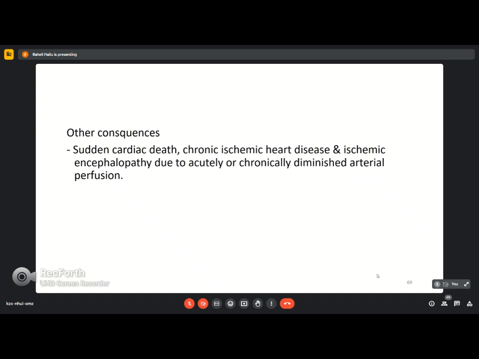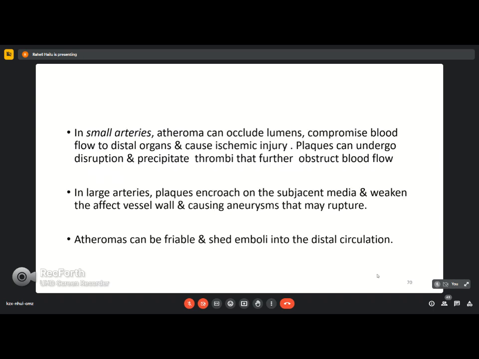And also ischemic encephalopathy, which is a clinical syndrome characterized by confusion, transient ischemic attacks and all that, as a result of these small ischemias, particularly if you have microemboli from vulnerable atherosclerotic plaques that detach and go to the brain arteries. You can have small infarctions within the brain that result in ischemic encephalopathy.